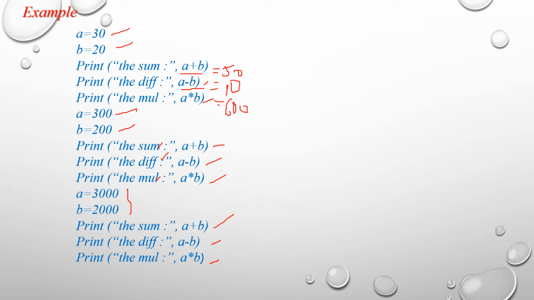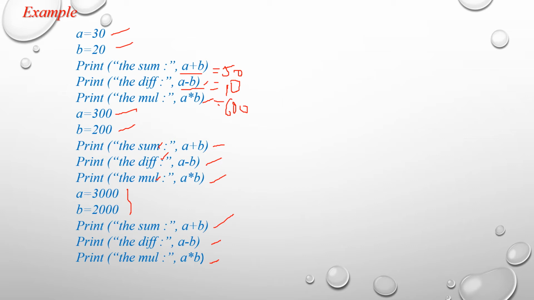Here we get the sum of 3000 plus 2000, the result is 5000, the difference a minus b is 1000, and we get the product of these two values. So here we wrote one program without any functions.